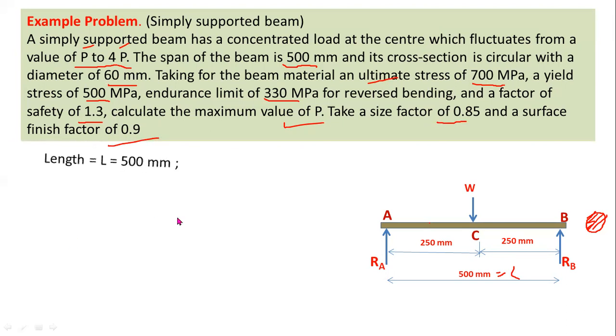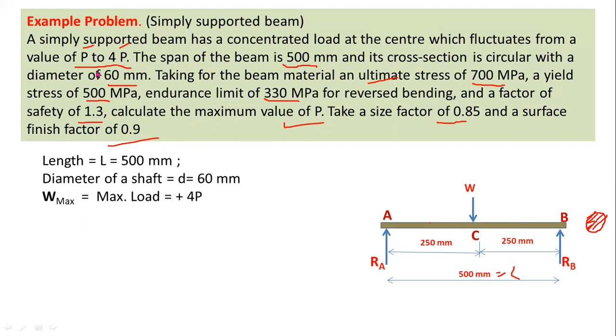So length of the beam L equals 500 mm, and the diameter of the shaft is given, that is 60 mm. Here the fluctuating load is P and 4P. So 4P is the maximum load, that is W maximum equals 4P, and minimum load W minimum equals P. These two are the fluctuating loads. Factor of safety equals 1.3.